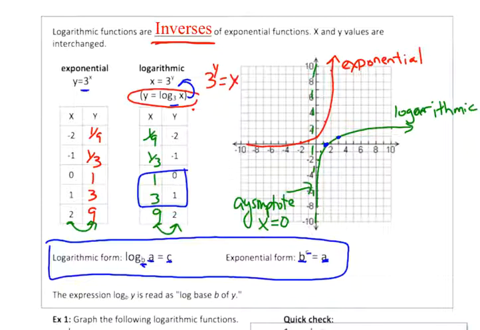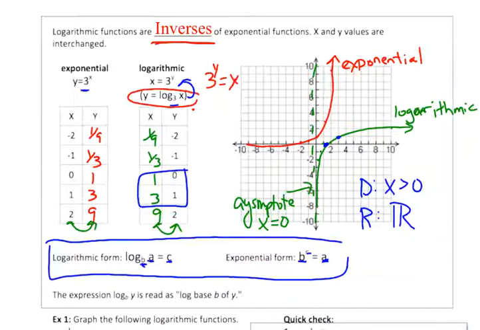Also, if you look at the domain, we don't have any negative x values. Our x values are always positive. So our domain for this is x is greater than 0. And our range, I'm ahead of myself here, is all real numbers.